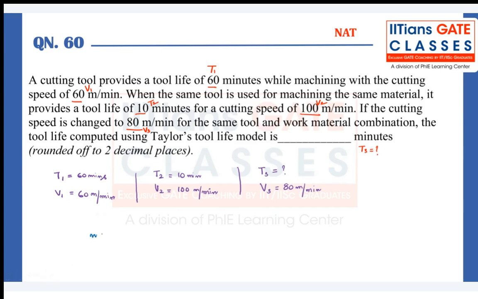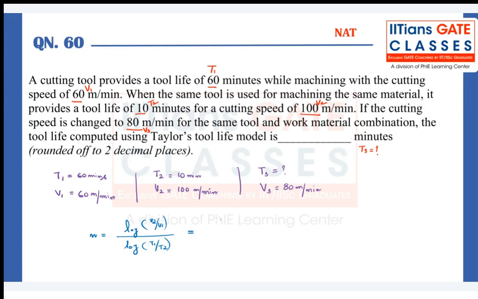Find n. We know the formula: n equals log of V2 by V1 divided by log of T1 by T2. I gave you the derivation, please go through that. Substitute so that you get n.